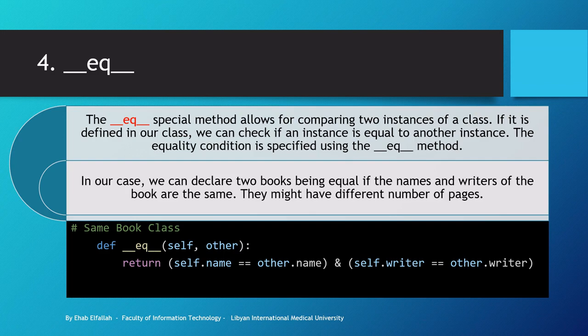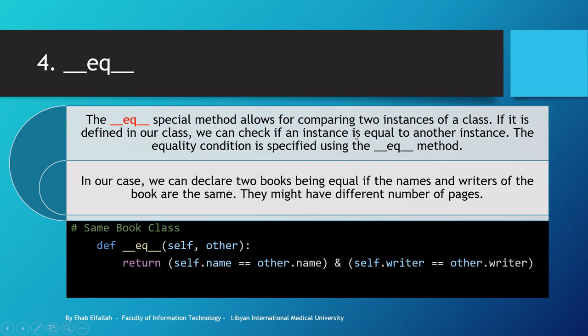If we have two instances from the class and we define the special method equivalent, EQ, we can compare and return true if they are equal, or false if they are not equal to each other.